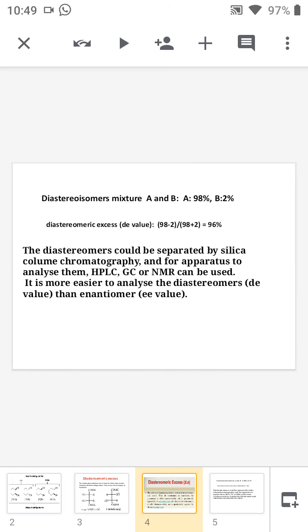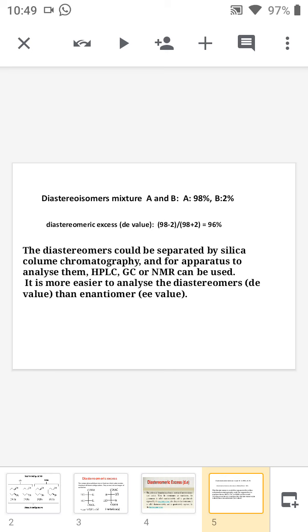excess. Then consider a mixture which contains the diastereomers A and B, and A contains 98% and B has 2%. Then what will be the diastereomeric excess? How will we calculate the diastereomeric excess? Diastereomeric excess can be calculated like this.